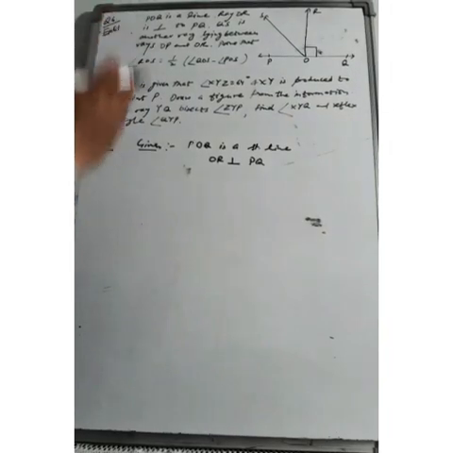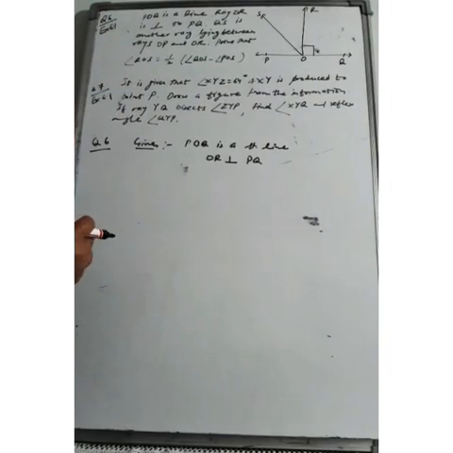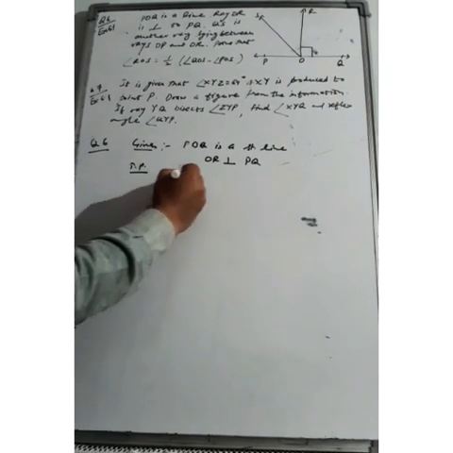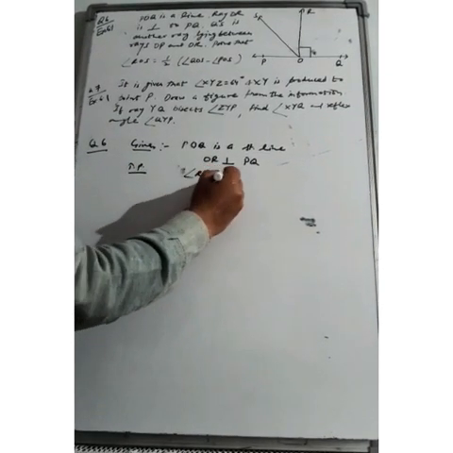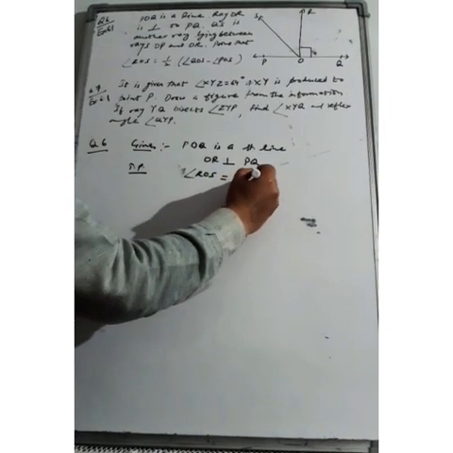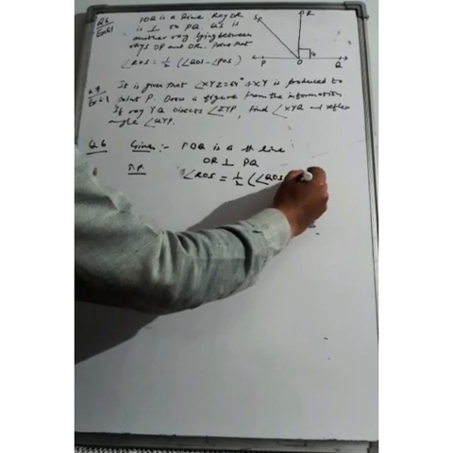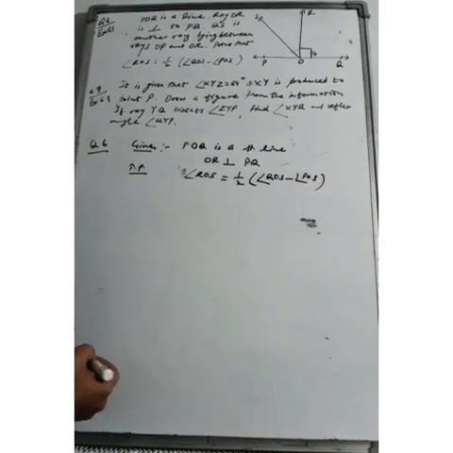And another ray OS is lying somewhere between OP and OR. Next, what do I need to prove here? Angle ROS is equal to half of the difference, angle QOS minus POS.